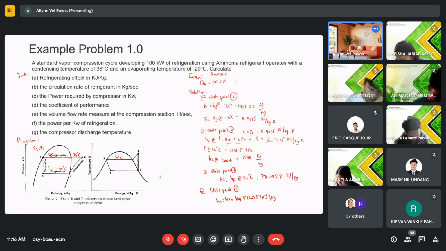Pero, can you please dictate your answer? Ma'am, didikta na lang po. Ma'am, medyo choppy lang po kayo. Padikta muna. Yung POA po, yung letter A po ay 1066.273. Okay.